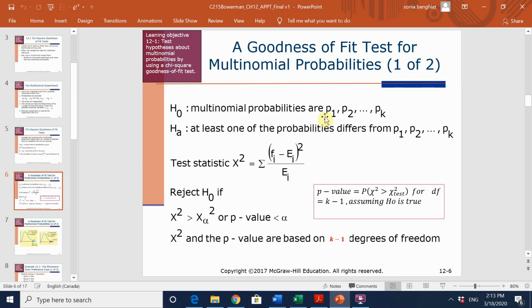So if I have 4 categories, hence 4 hypothetical probabilities, then this expression should be repeated 4 times and added together in order to give me my chi-square test statistic value.